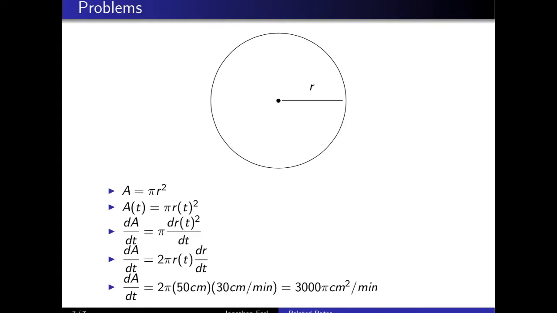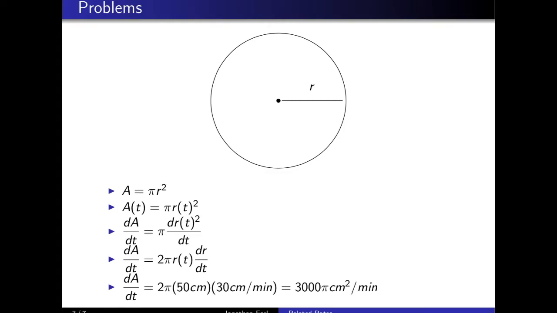Okay, and then what we said is we want to find how the area is increasing with time. Well, we're given that we have this relation A of t is equal to pi r of t squared. We're given what dr by dt is at a particular radius, and because we're looking to see how area is changing with time, that suggests we should be taking derivatives of both sides with respect to time.